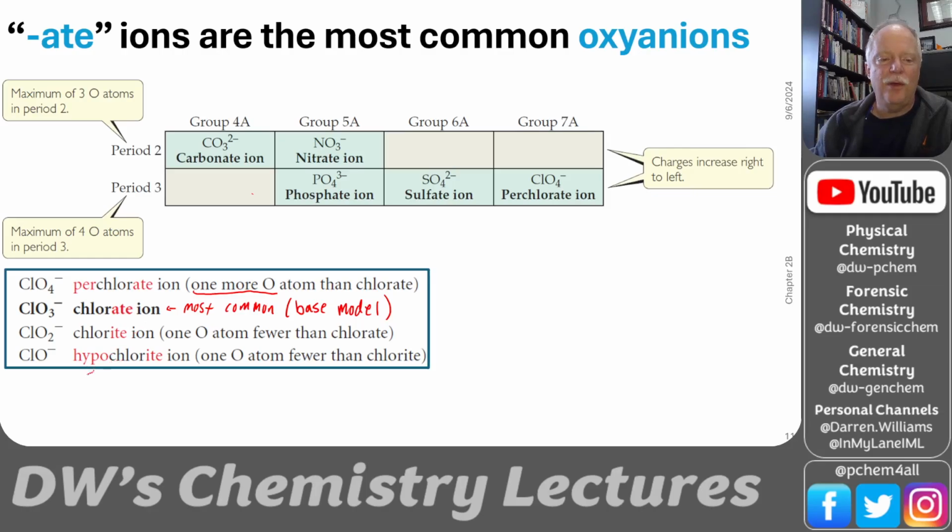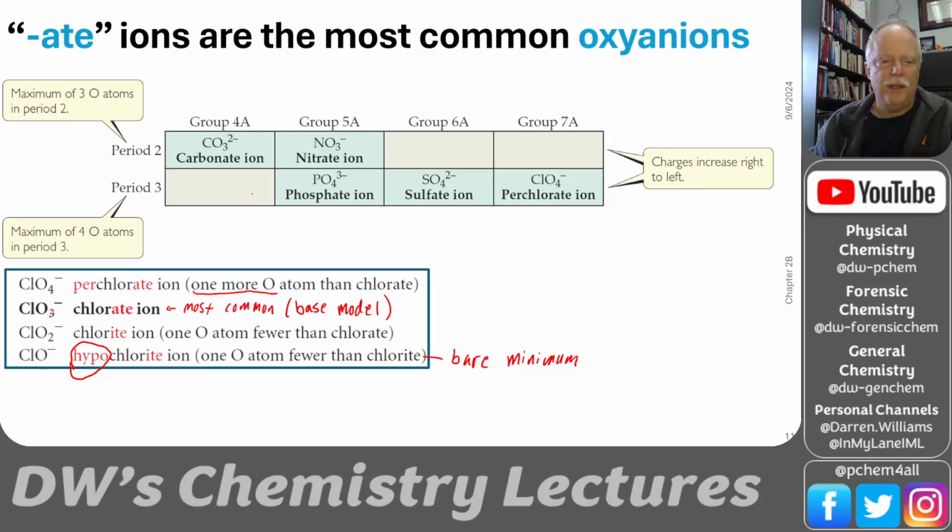And then the hypo means less or under, okay? So hypochlorite means even further less. This one's the stripped down model, the bare minimum. So hypochlorite has the smallest number of oxygens.